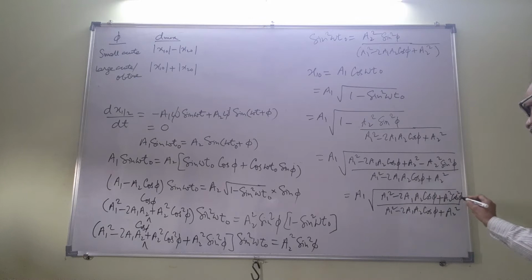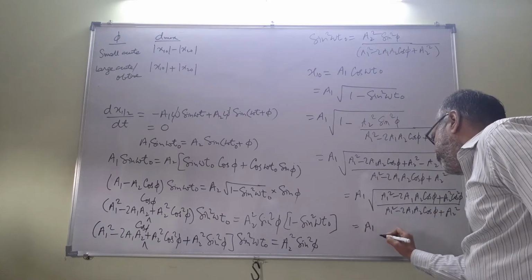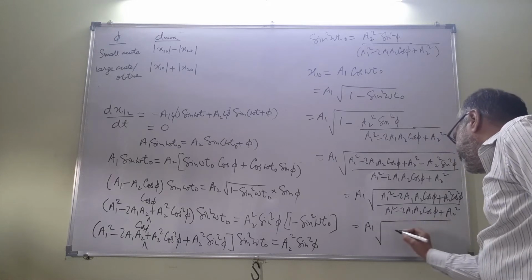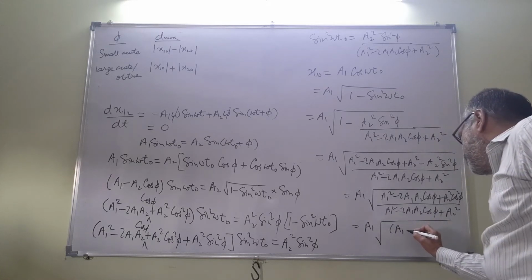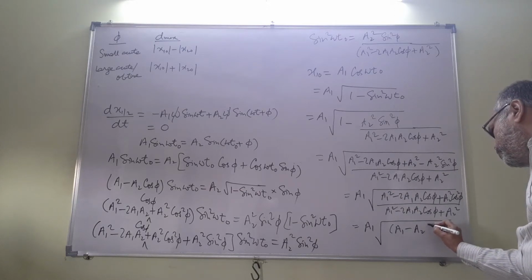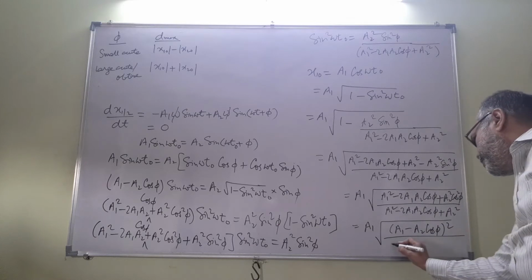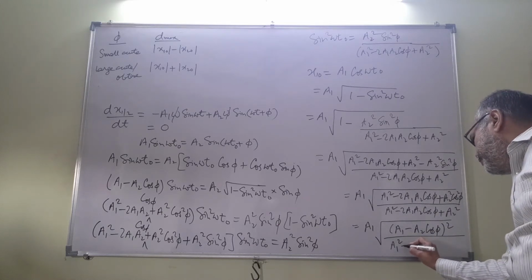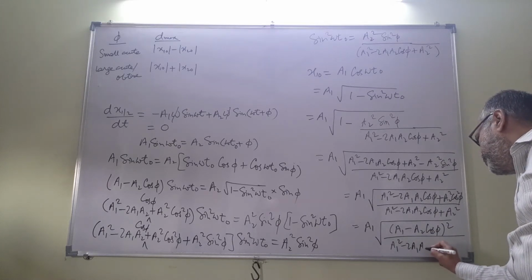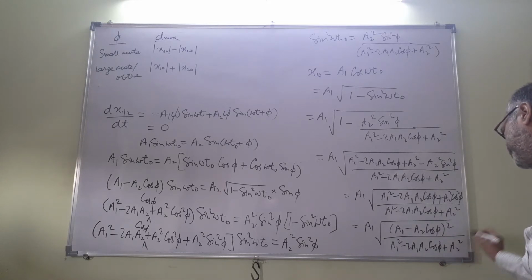So the numerator will be a perfect square, that will be a1 square root of a1 minus a2 cos phi the whole square divided by a1 squared minus 2a1 a2 cos phi plus a2 squared.